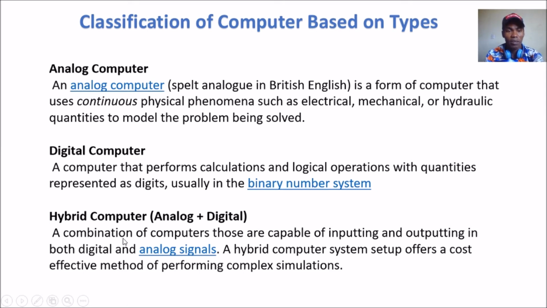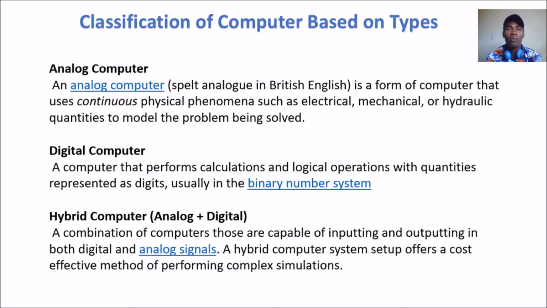A hybrid computer is a combination of computers that are capable of inputting and outputting in both digital and analog signals. A hybrid computer system offers a cost-effective method for performing complex simulations. You can also say that a hybrid computer is a combination of both analog and digital functions.